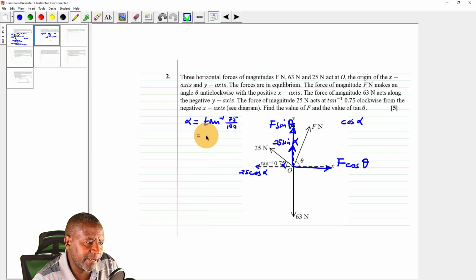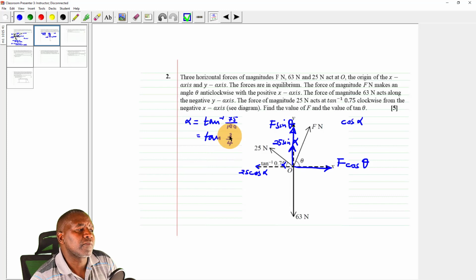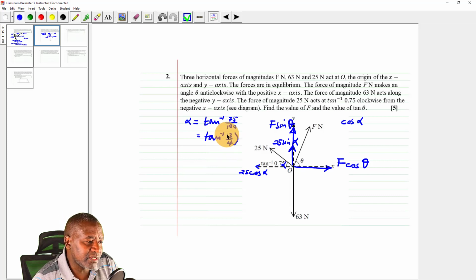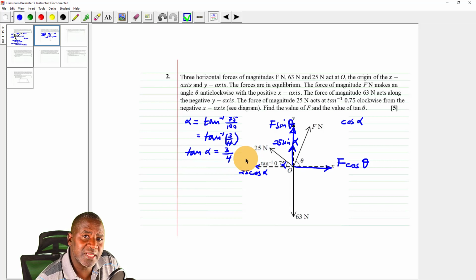This is like tan inverse of 3 over 4. What this means is that tan of alpha is 3 over 4. It's better to write it that way.